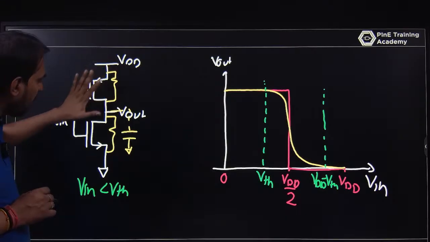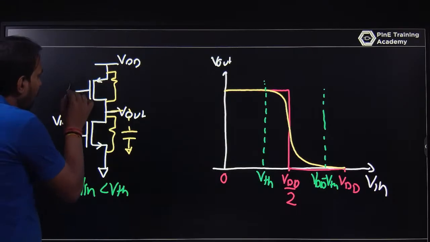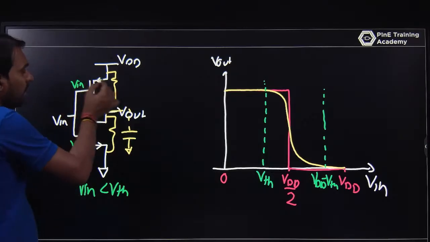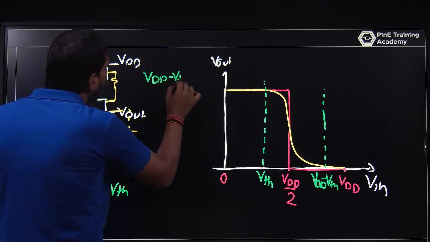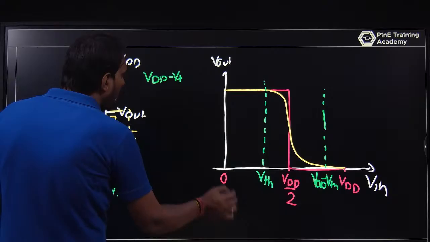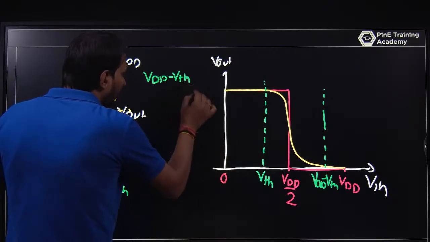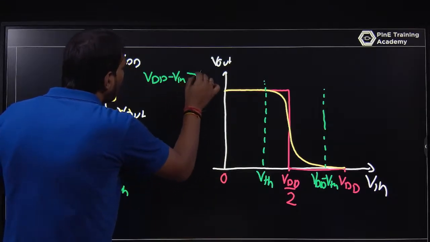Whenever the input voltage is less than VTH, because the input is the same for both, this is VSG, that is VDD minus Vin, and the condition is VDD minus Vin is greater than or equal to mod VTP.